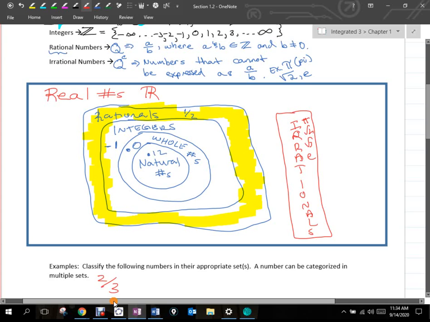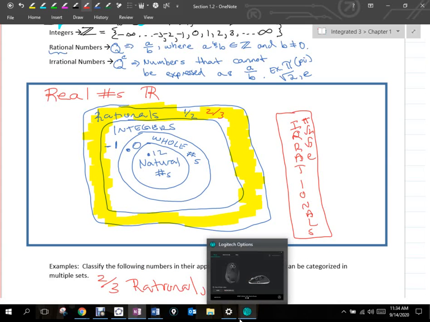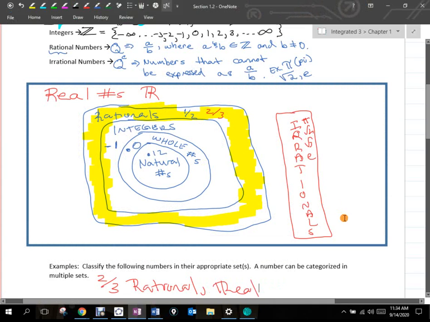So when I locate 2/3 as a rational number, 2/3 should go there, right? And now when they ask me to classify it, we're going to say it is rational because it's part of that group, but it is also real because rationals are a subgroup of your reals. Is that okay?